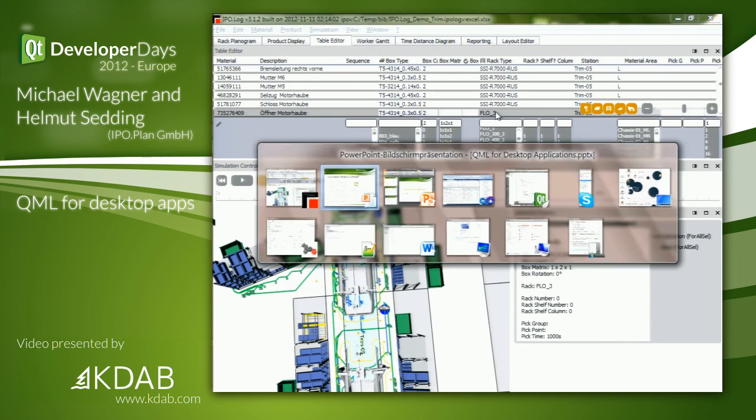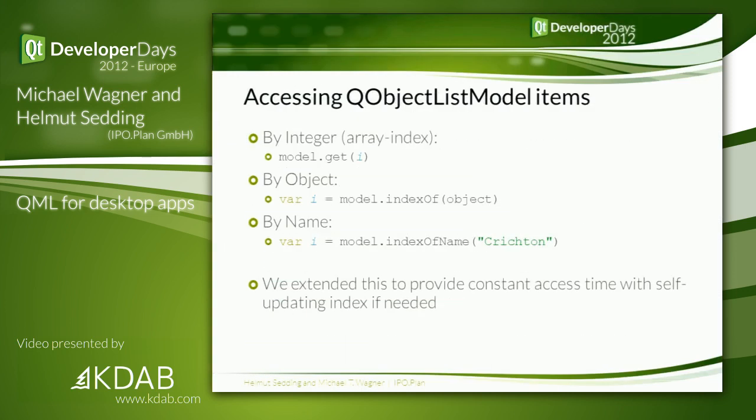In QML, you access the items either via a repeater, or you can directly call the getter, which returns the QObject pointer. Or you can ask what the index is: this object, is it in the list, and if yes, at what position?